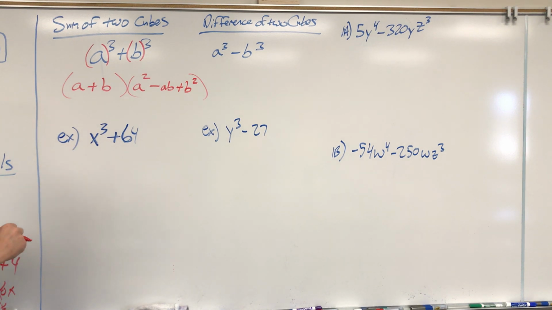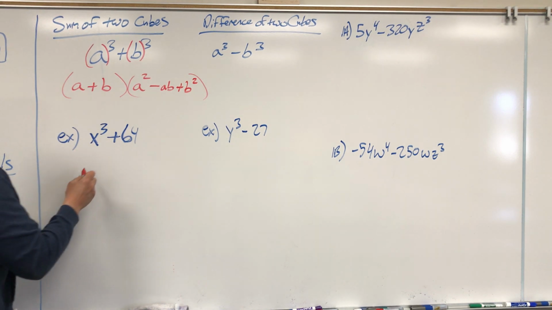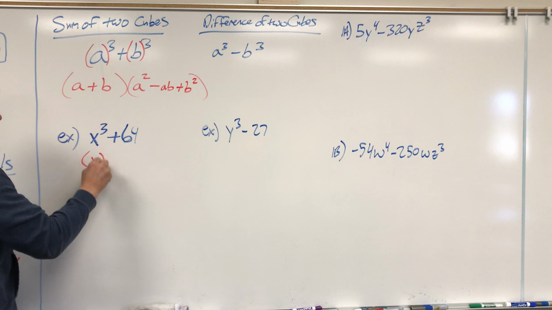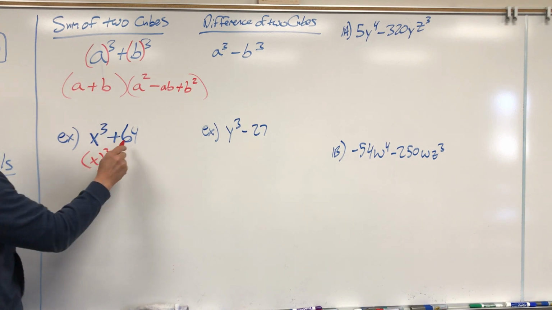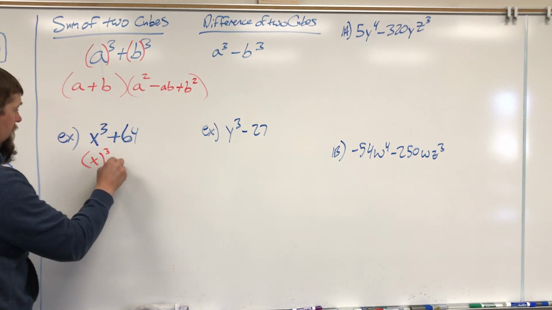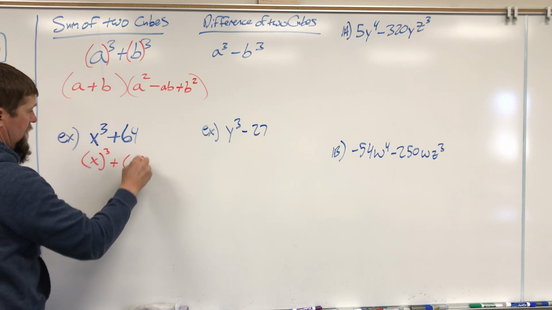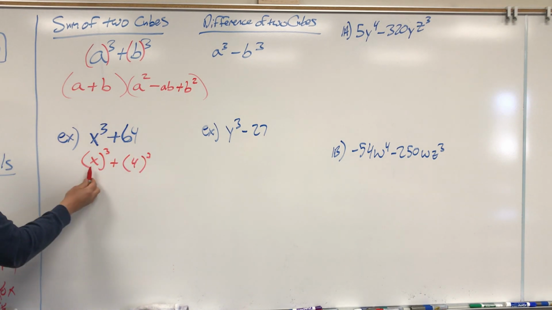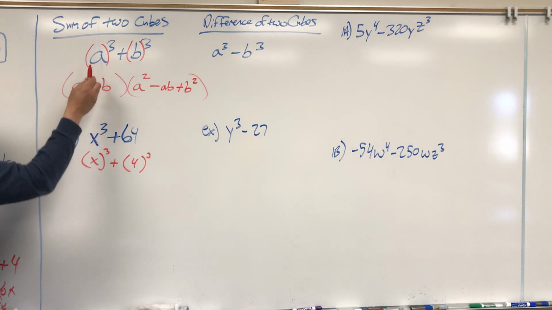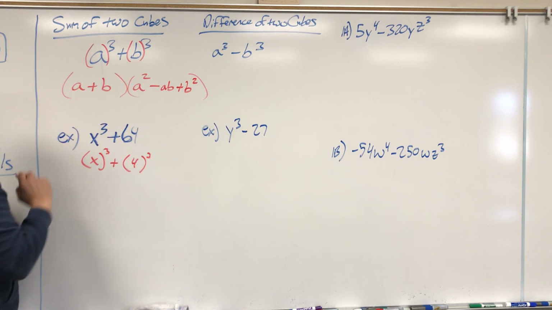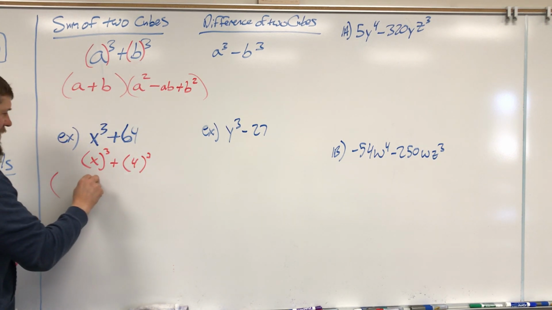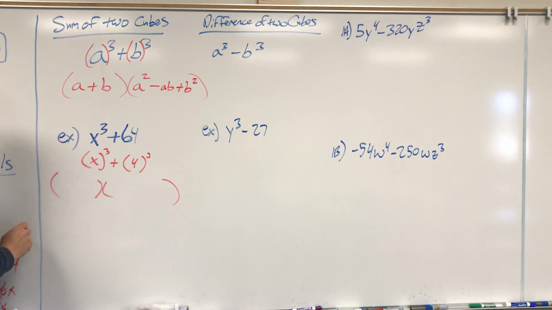Let's do that on this one right here. What's being cubed? Well, x is being cubed. What's being cubed here? Well, in that case, 4 is being cubed. So x is like my a up here, 4 is like my b. So when I factor this, my first factor is just x plus 4.